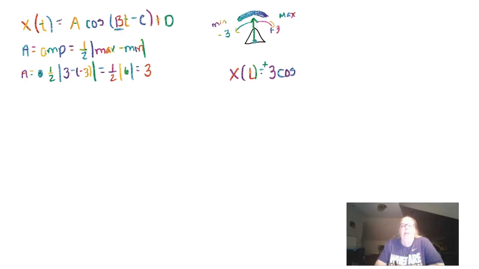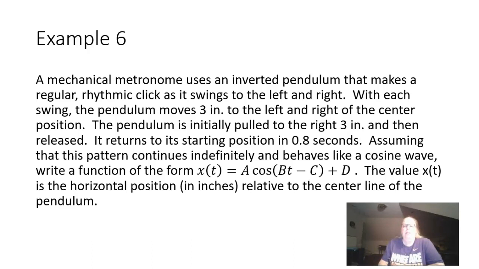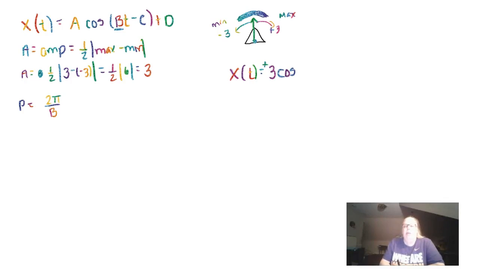Now, thinking way back to section 4.5 when we started graphing the sines and the cosines, the b number right here helped us to find the period. The period was defined to be 2 pi divided by b. Well, b is what we're looking for. The period we happen to know, because it tells me right here the period is 0.8 seconds. So if we set 0.8 equal to 2 pi divided by b, I can treat this as a proportion and cross multiply.